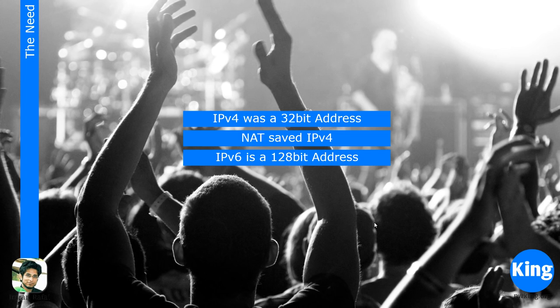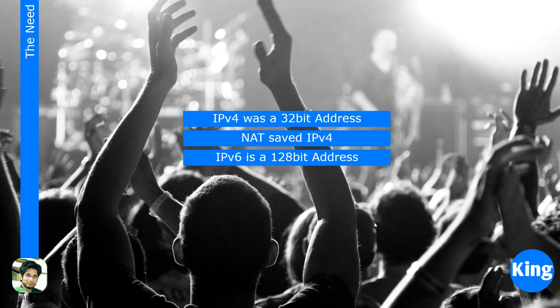But when they designed IP version 4, they thought that address space was more than enough. And if you remember the classes, we had class A, class B, class C, and class D, and class E was reserved. So you had roughly about 75% of the IP addresses that were usable, and then they thought it was more than enough for the whole of humanity, right?